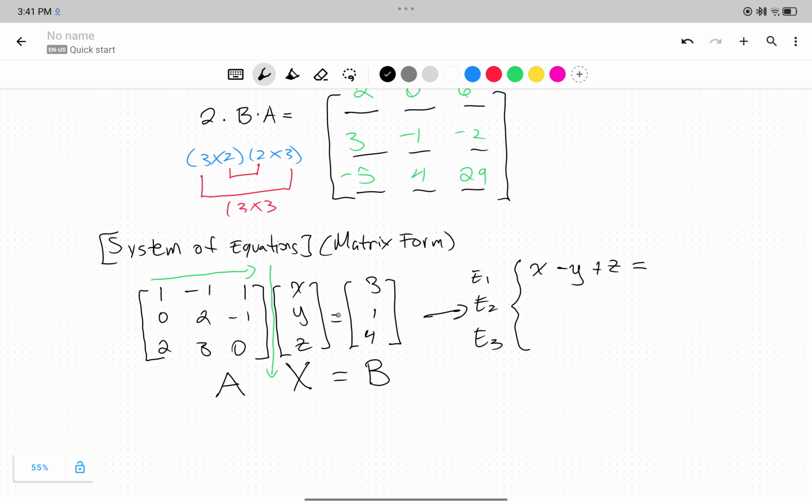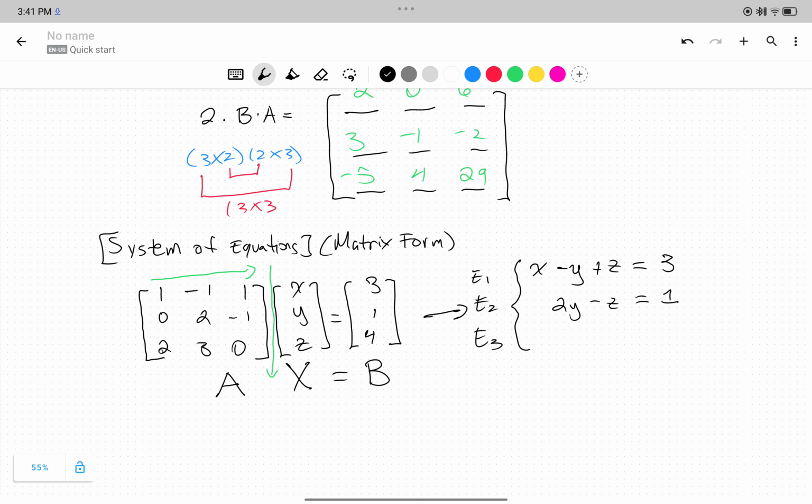Well, that's your equals, and it corresponds with this entry because of the location. That's 3. Once you see 0 with x, that's 0. 2 with y, that's 2y. Negative 1 with z is negative z. And that's a 1.